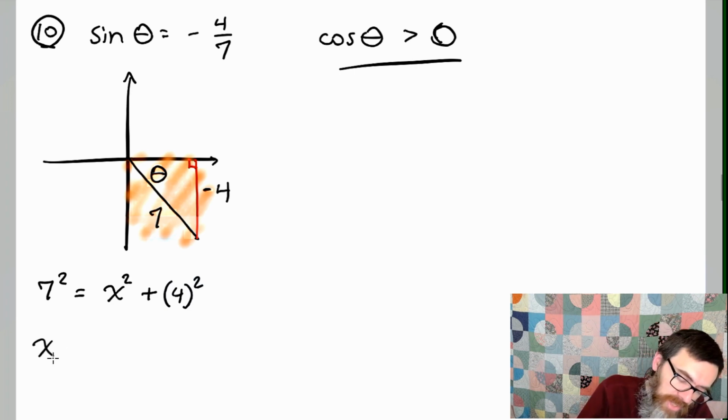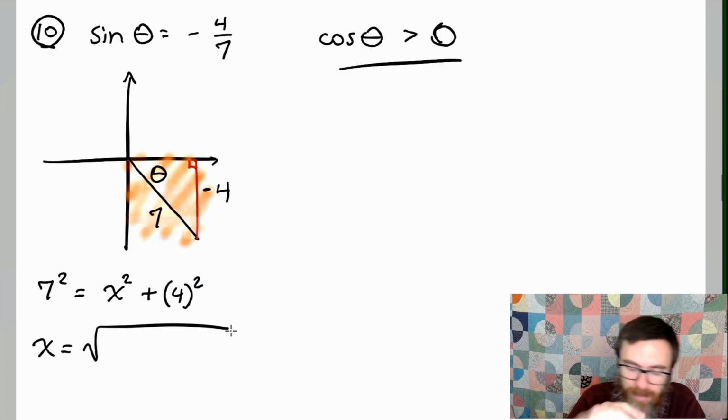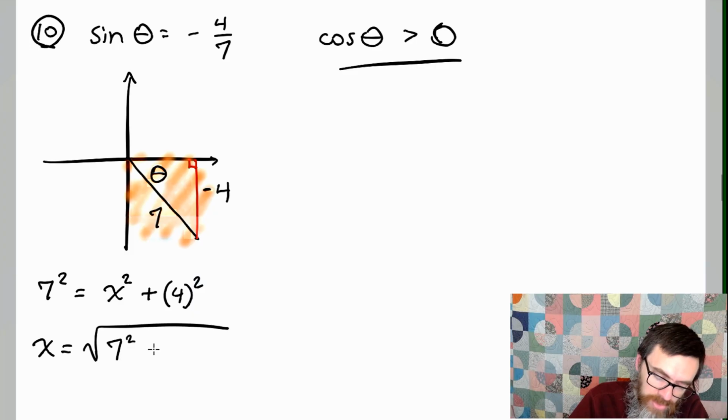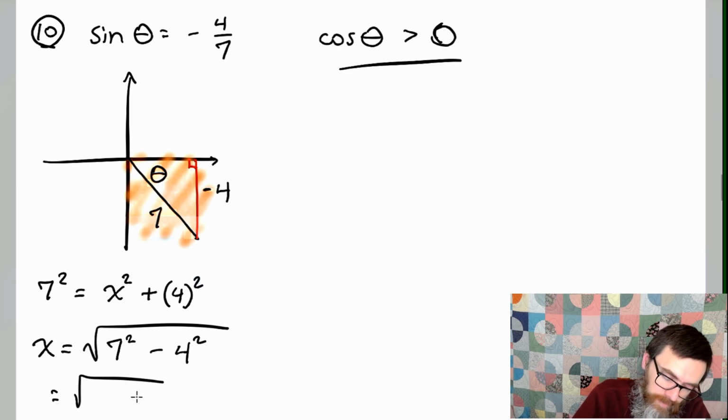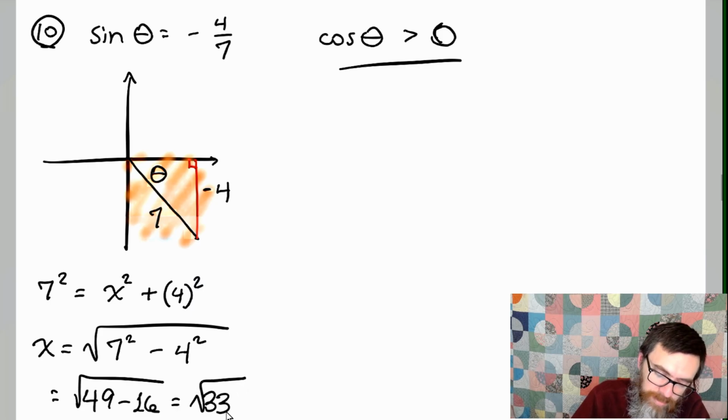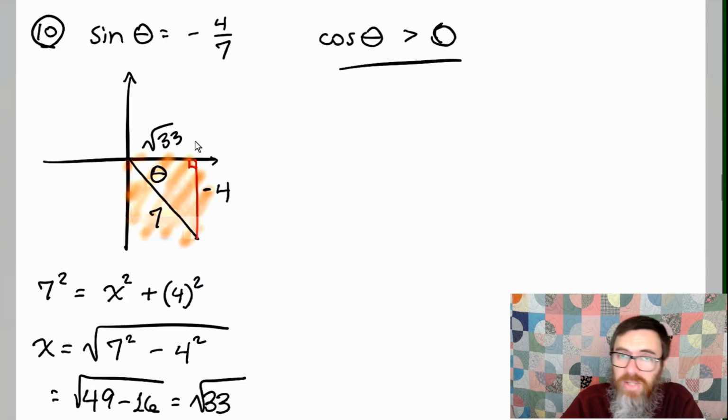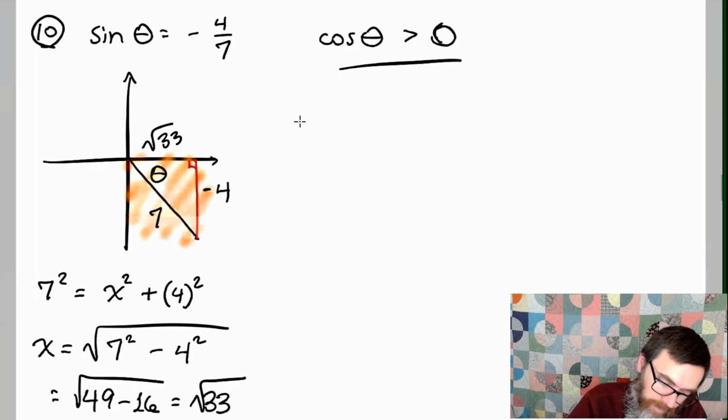It's almost like you're doing the distance formula, but you start with the hypotenuse and you take away that known value. So 49 minus 16, and we get the square root of 33. It's positive because we're going to the right.